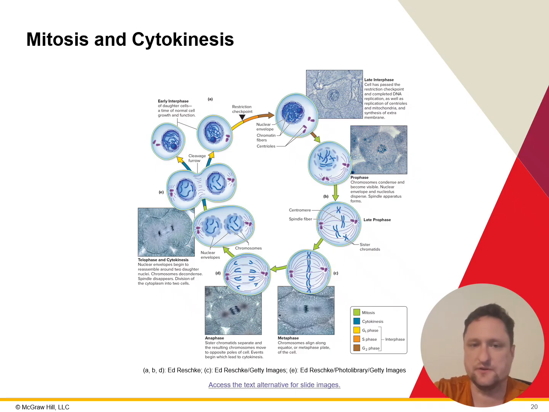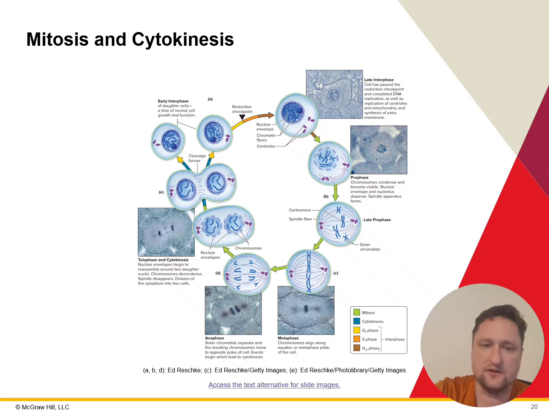The cell checks for DNA damage, nutrients, and size to decide if it should continue the cycle. And then begins the S phase. In here, DNA replication occurs. Each chromosome now consists of two sister chromatids.